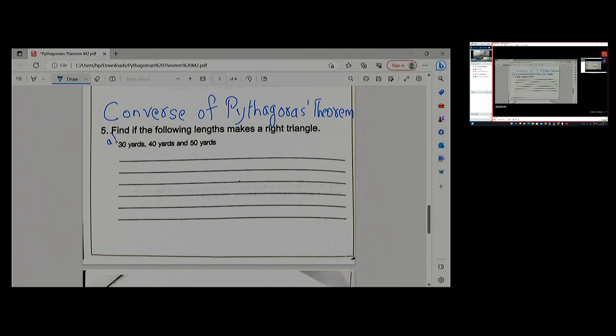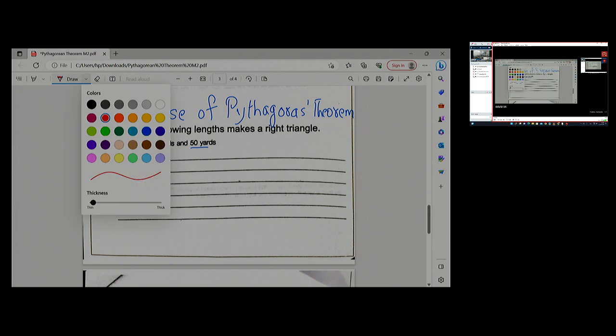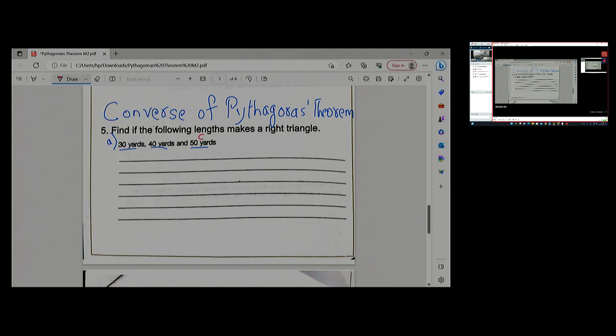In this number A, we have 30, 40, 50. Which is long? 50. So if 50 is long, then we call it C, hypotenuse C. Okay?